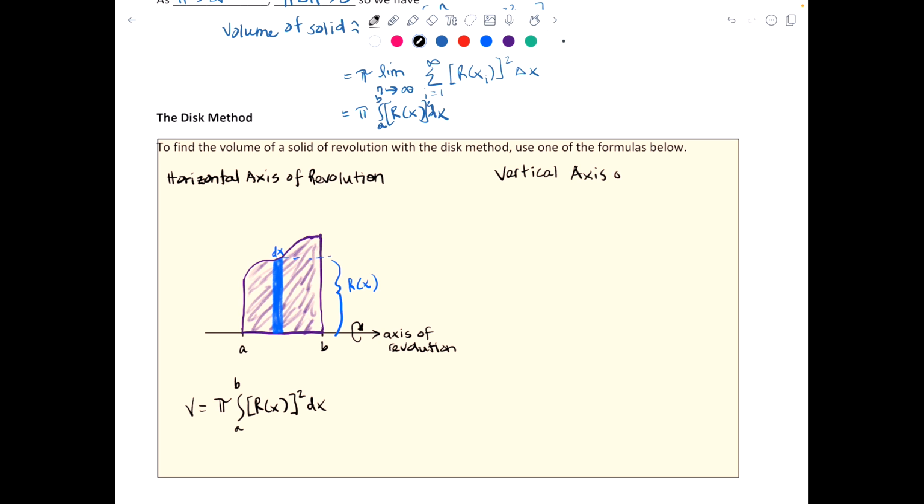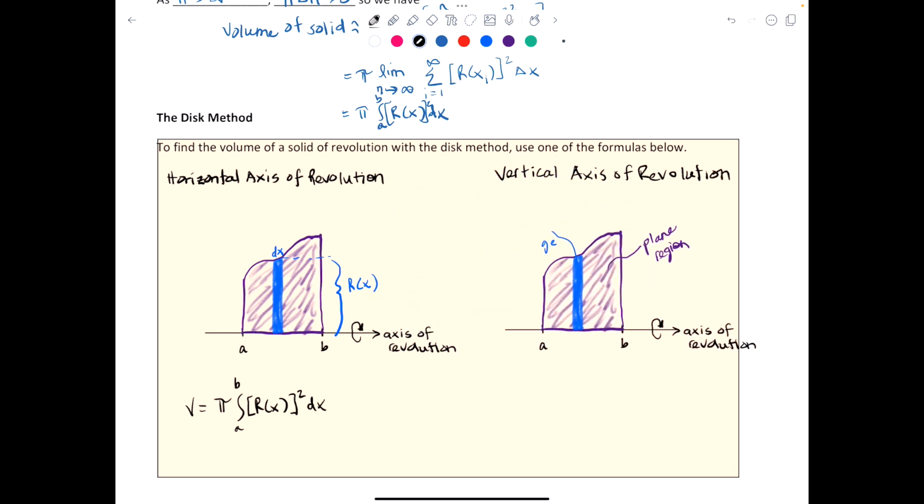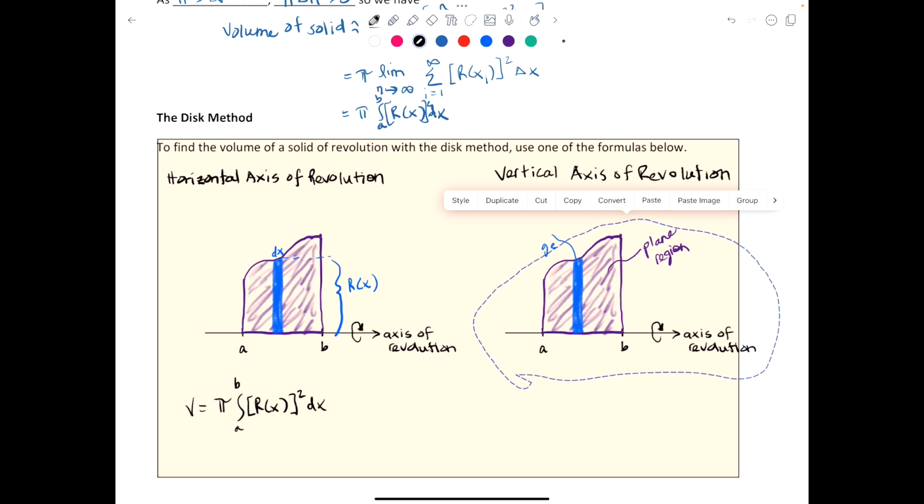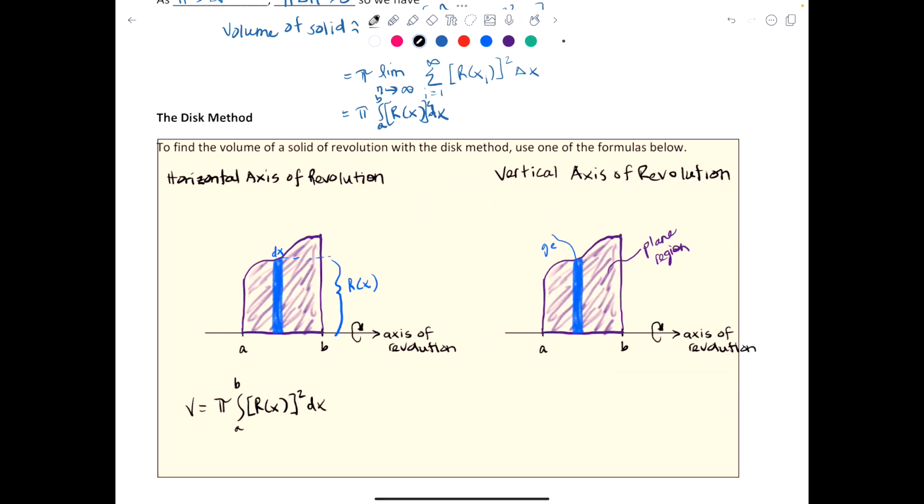I'm going to use the same shape, but we'll edit it a bit, okay? All right, so our axis of revolution now is going to be vertical.